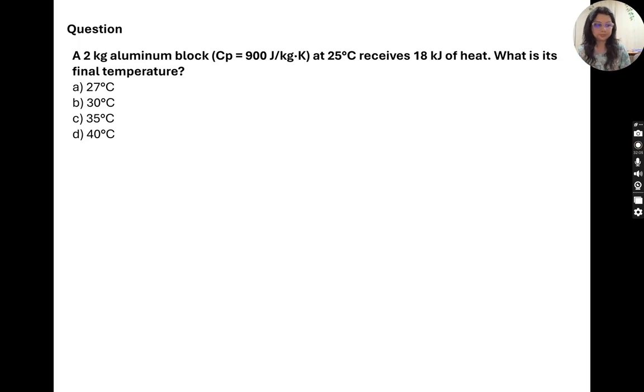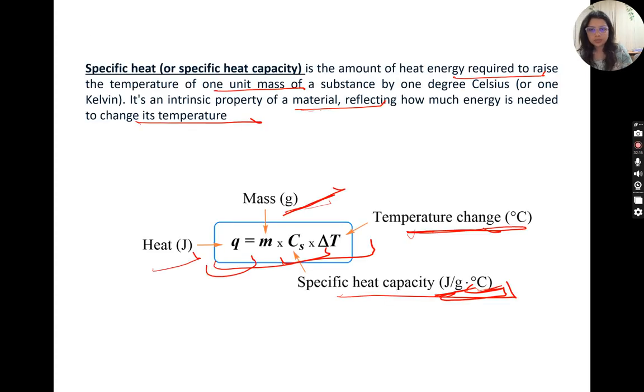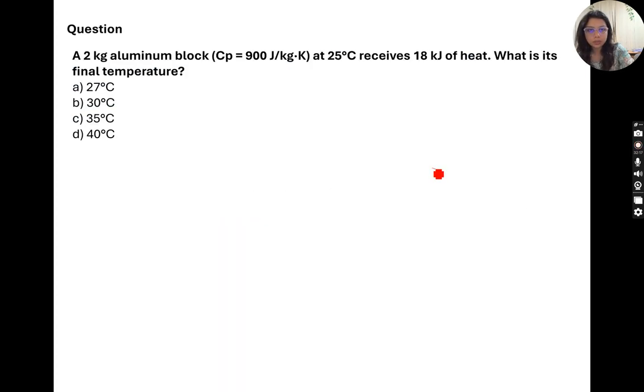Okay, then. So here's the formula which says Q, heat, is equal to mass, specific heat, and temperature change.